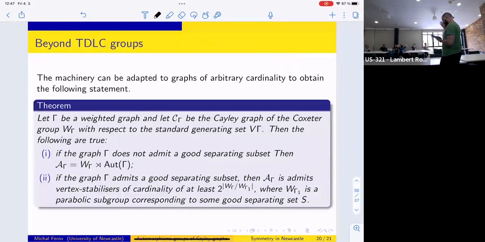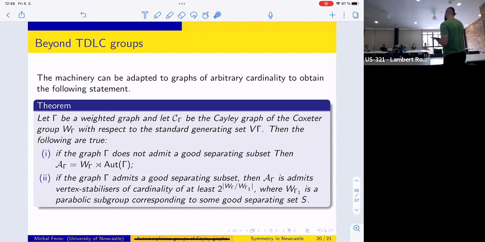And so that's what I wanted to say, and it's more of a discussion; you can go hard or harder if you wanted to. I don't really want to, but I feel like the tools are already there. So I could care about graphs that are not necessarily finite. I can take a graph that has arbitrary cardinality and still ask whether or not there is a good separating set.